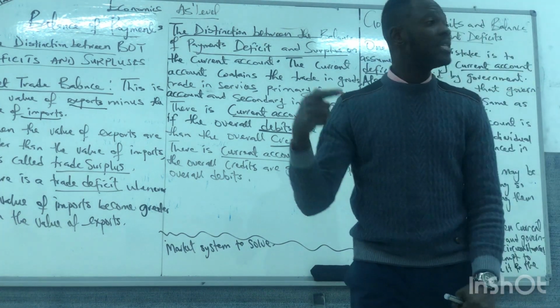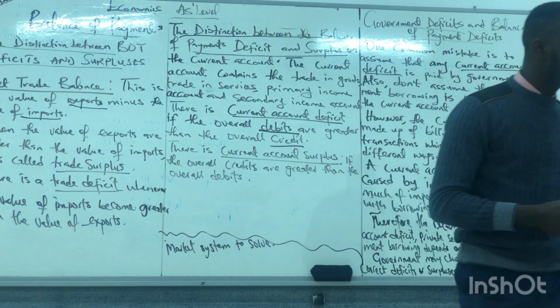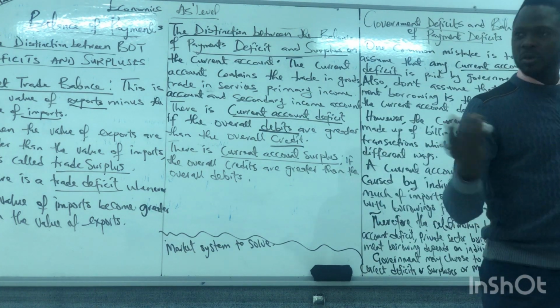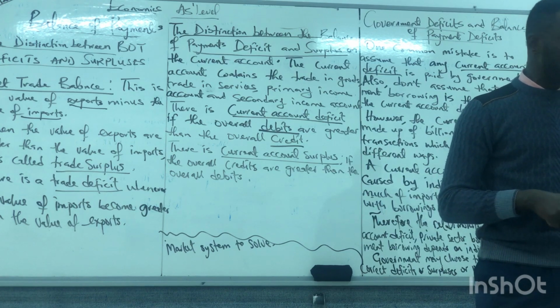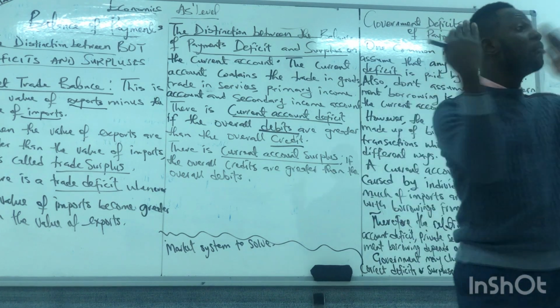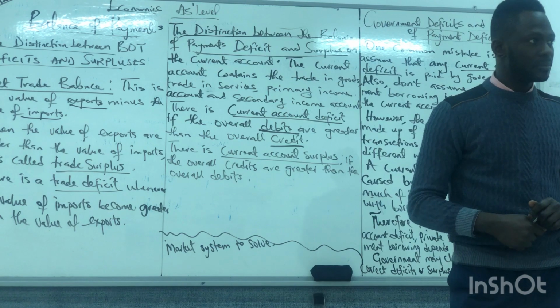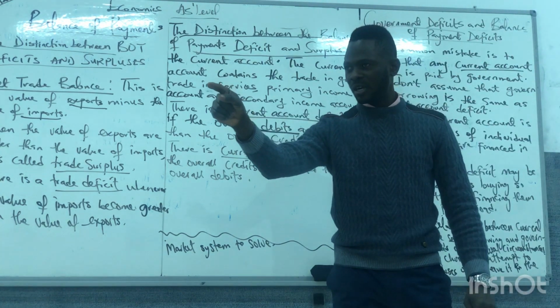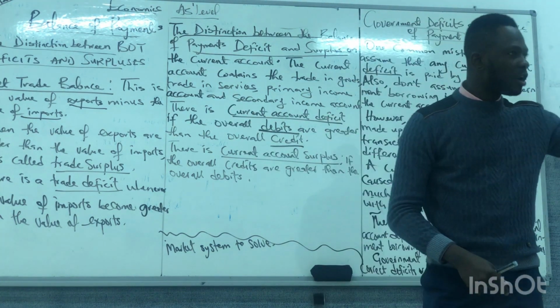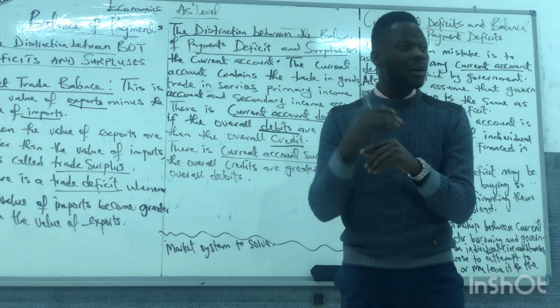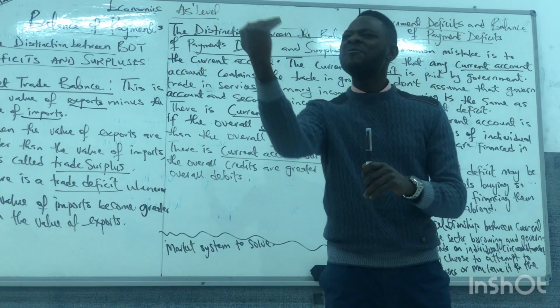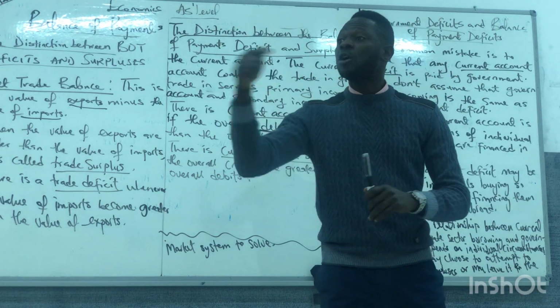If the country needs more exports than imports, government will devalue their currency. If government devalues their currency, it means exports will be more than imports. Please get the point. Are you here? Government wants to solve the problem of current account deficit. For government to solve it, government can revalue or devalue its currency.